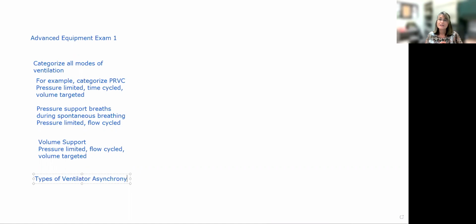If we see double triggering, where a breath goes in and then there's no exhalation and then another breath goes in, that's the patient breathing in and trying to get more tidal volume than what was delivered to them. Of course, it could also be a big leak somewhere, but assuming no leak and you see one breath after another and no exhalation, the patient is trying to get a bigger breath of air than what we have set on the ventilator.